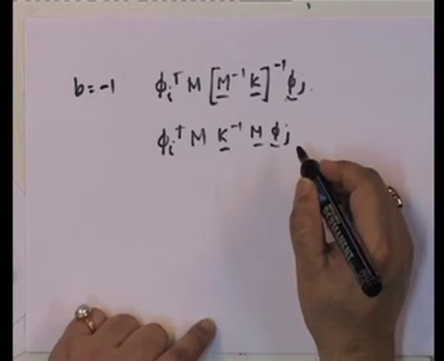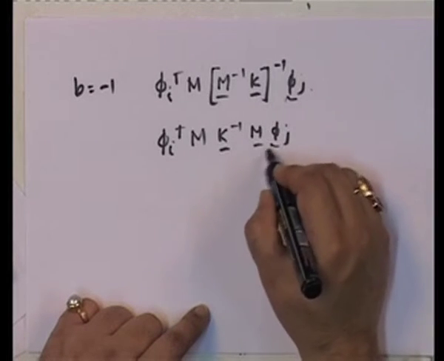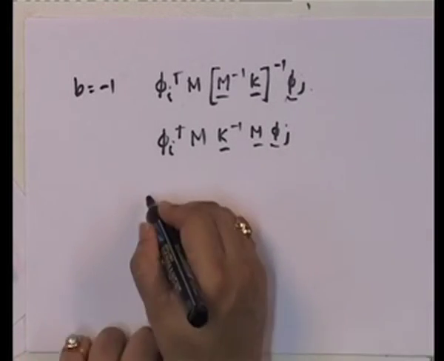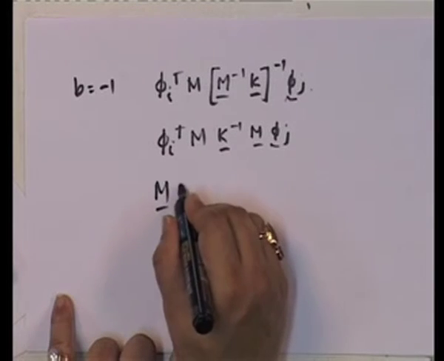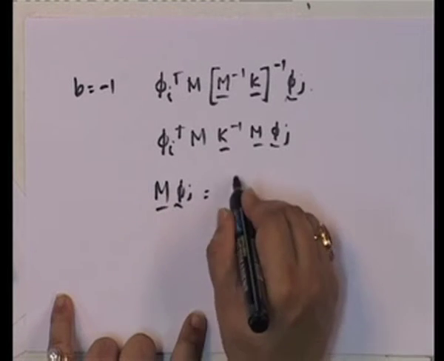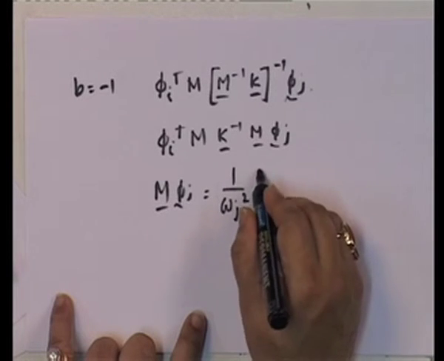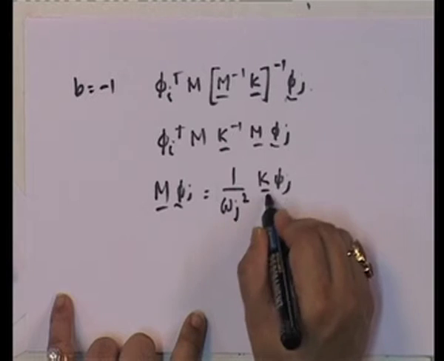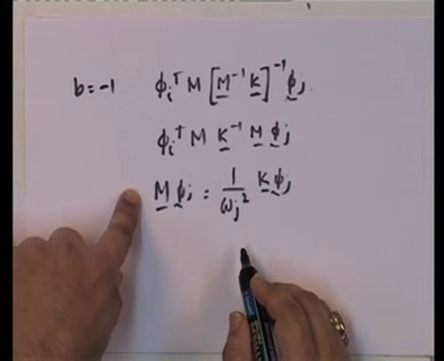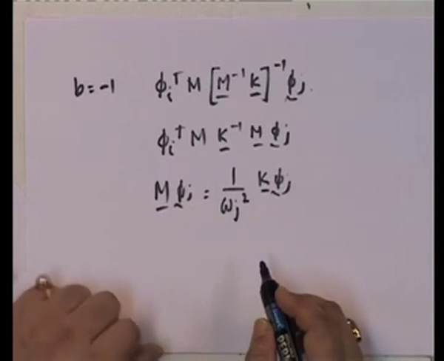Okay? Now, I can say that M into j is equal to 1 upon omega j squared into k j. I have just put this omega j squared, which was here, on this side.